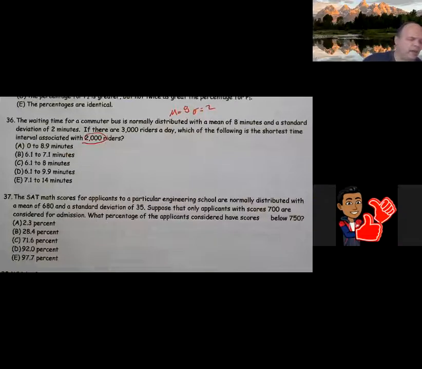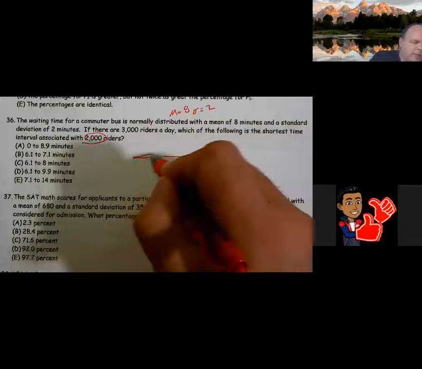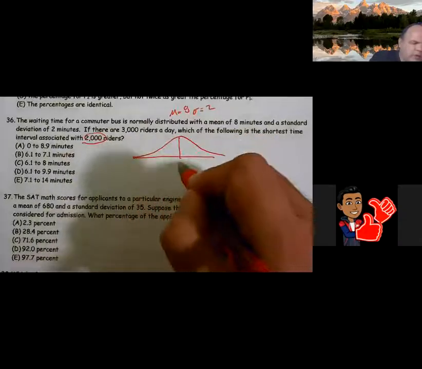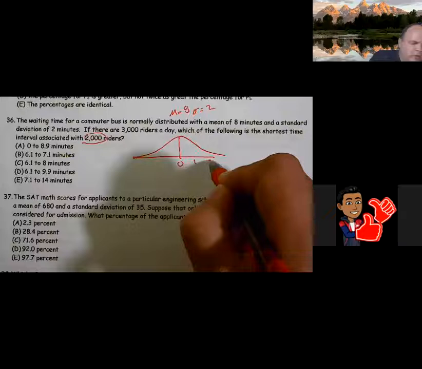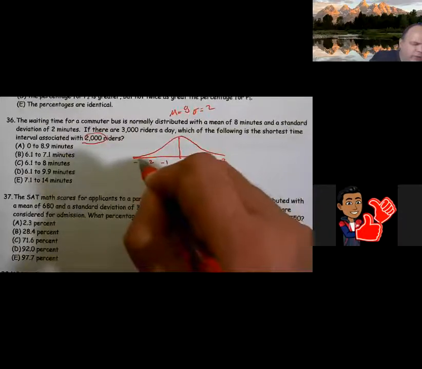A couple things. Let's go back to the normal curve: 0, 1, 2, 3, -1, -2, -3.